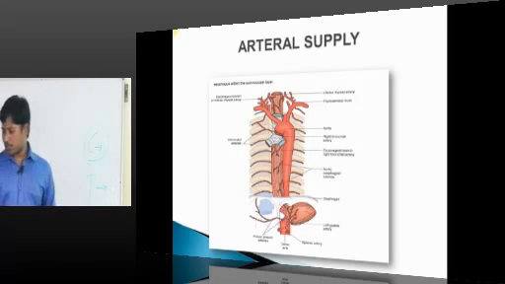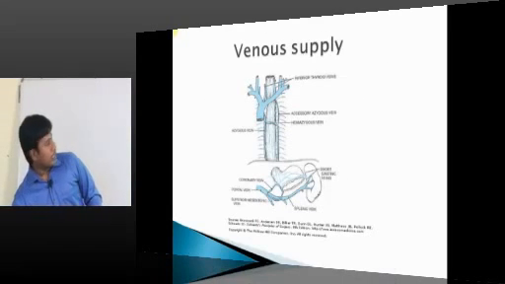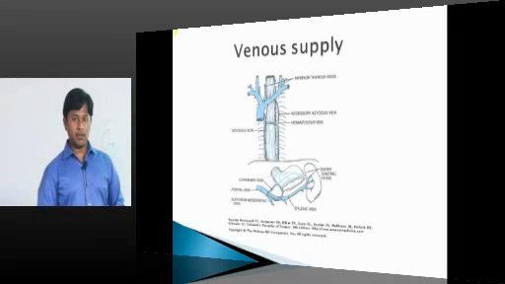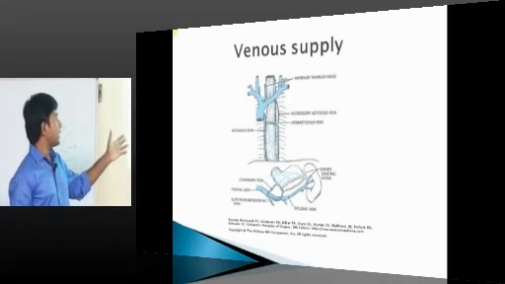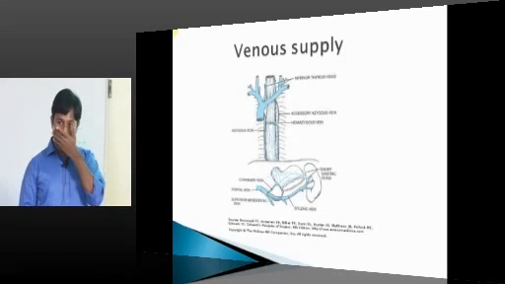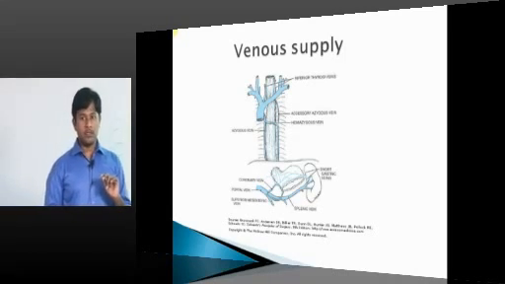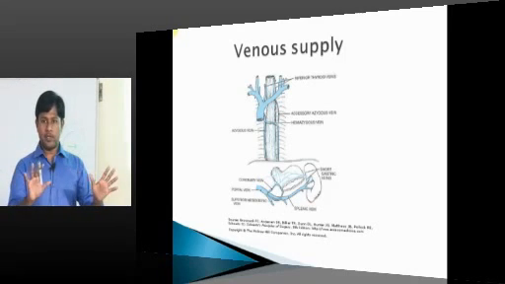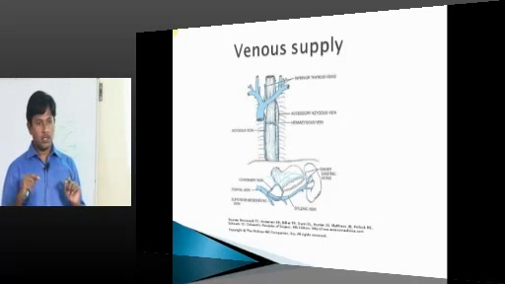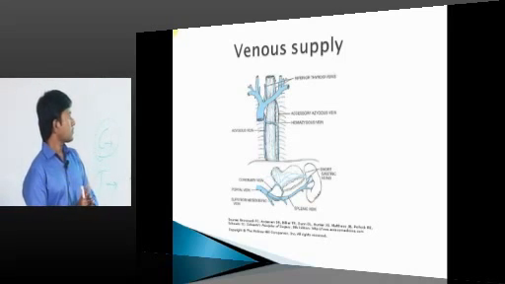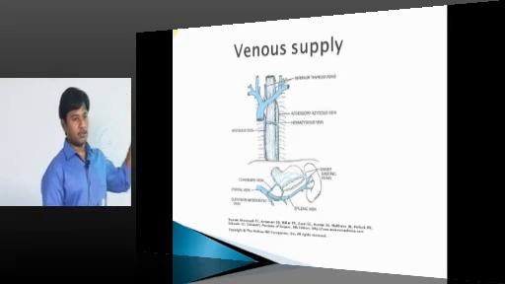That's enough. Next, regarding the venous drainage, nothing significant, but as usual, basic anatomy: the left side of the esophagus is drained by, and the right side is drained by, these two important veins, azygos and hemiazygos. Azygos is present on the right side.